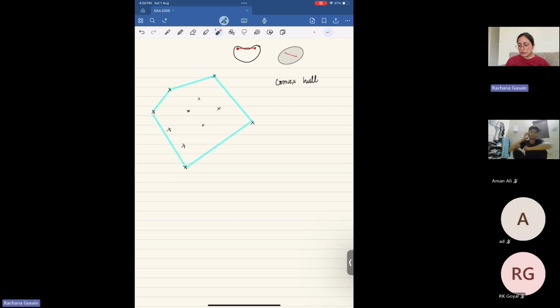Now we are not interested in these kinds of shapes. We are rather interested in polygons, meaning where the shape is bounded by straight line segments. Something like this.